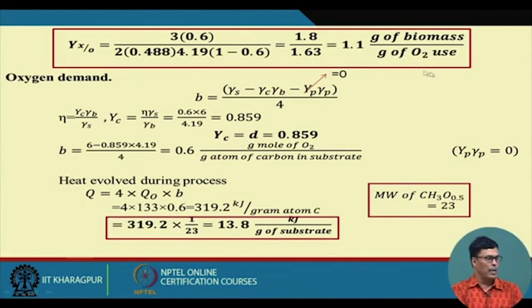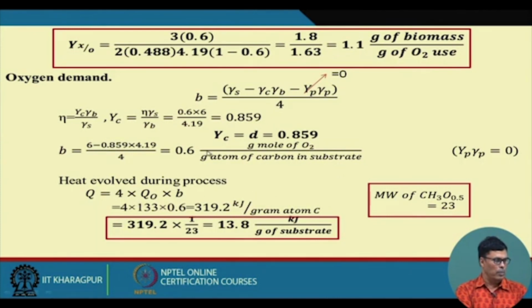Then this is coming to about 1.1 gram biomass per gram of oxygen used. The oxygen demand B can be calculated like this, and B is coming around 0.6 gram mole of oxygen per gram atom of substrate consumed.